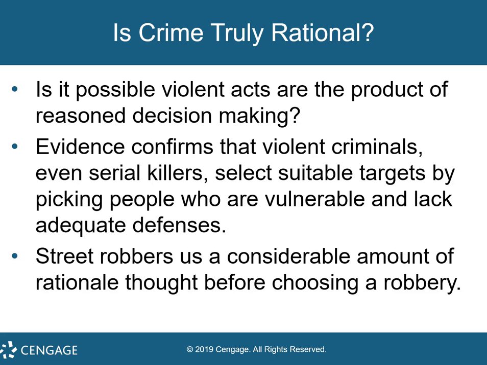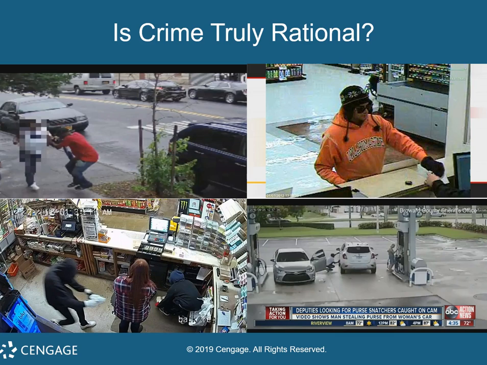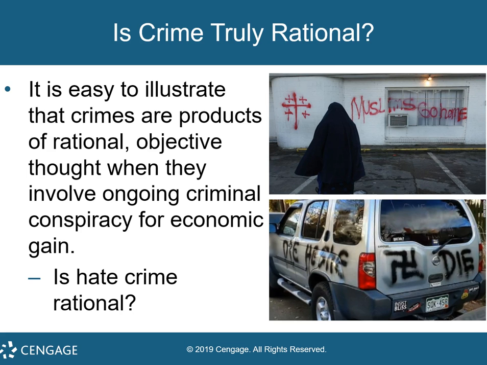Robbery levels are relatively low in neighborhoods where residents keep a watchful eye for trouble and are quick to call law enforcement. So yes, there is some evidence that even in violent crime, there's some rationality.